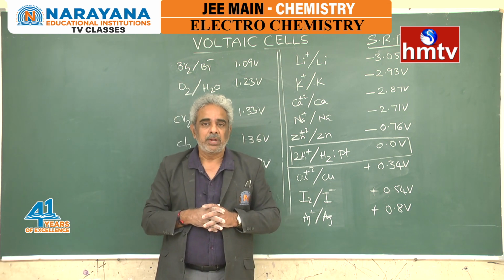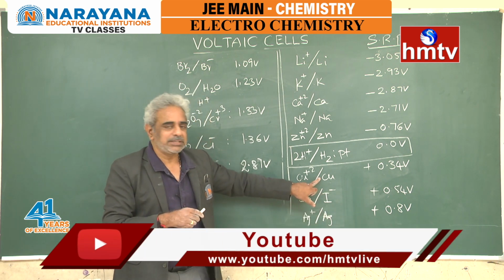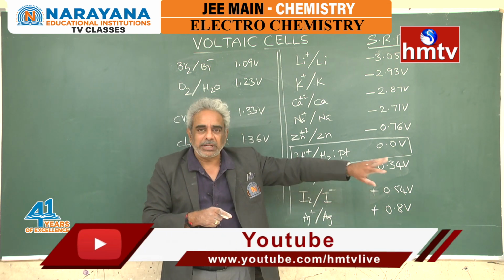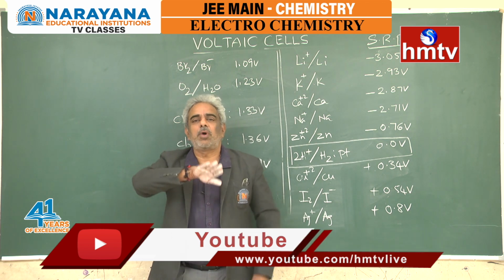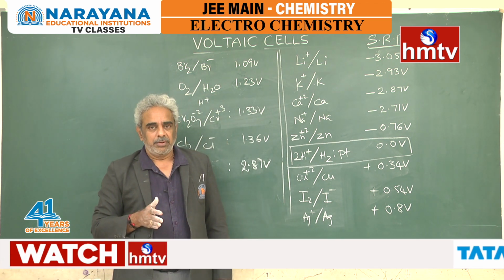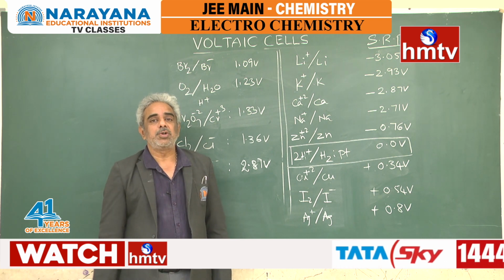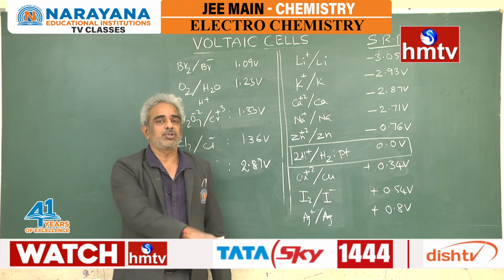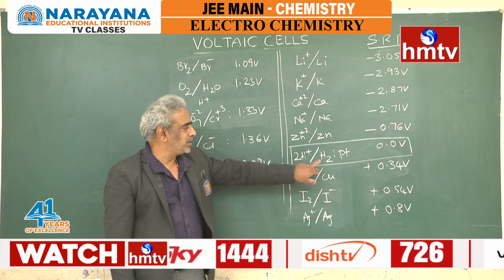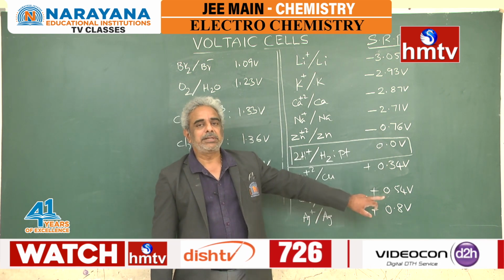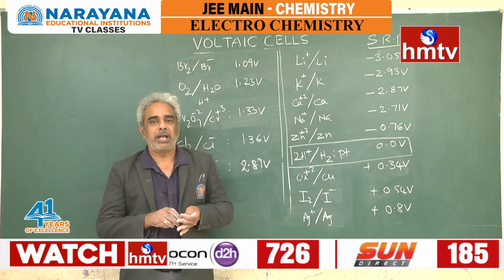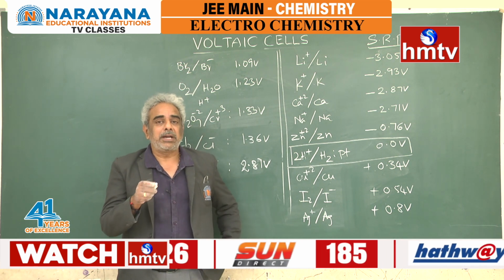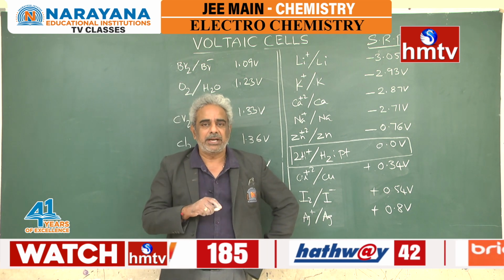Whereas these metals with positive reduction potential, because the reduction potential is positive, they themselves want to be in the reduced state, where H plus cannot be reduced to H2. Because hydrogen's reduction potential is 0 and the metal's reduction potential is positive, the metal would like to undergo reduction, and the metal ion equilibrium will shift in the reduction direction.